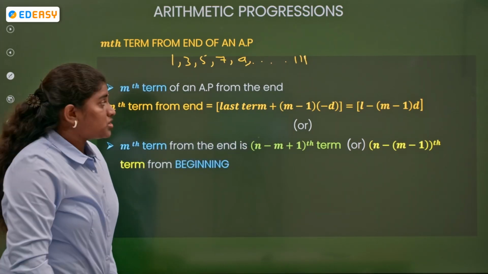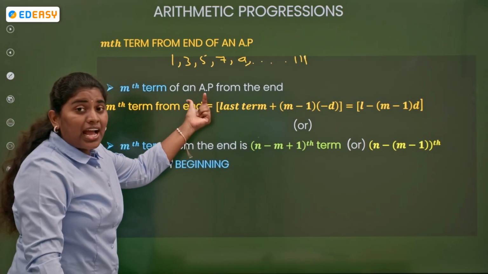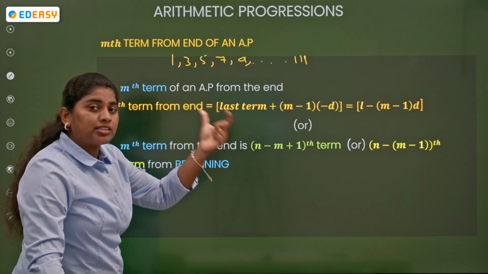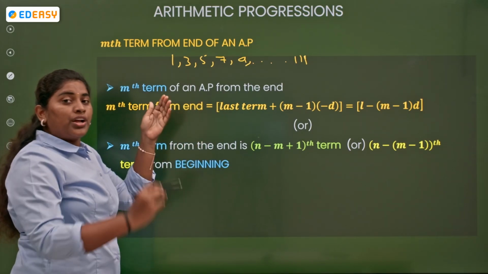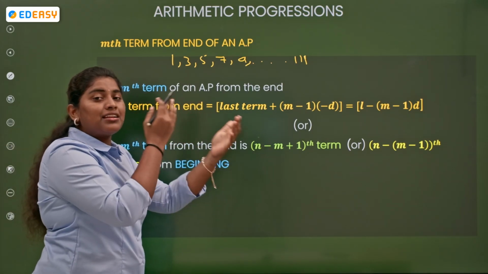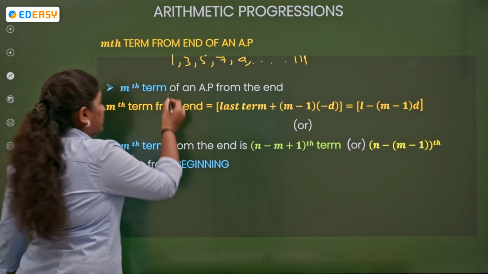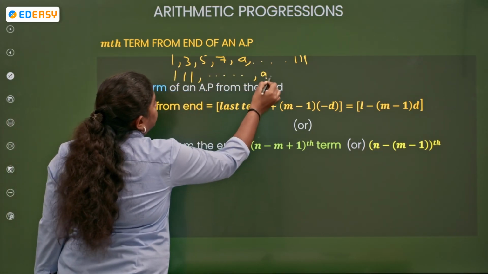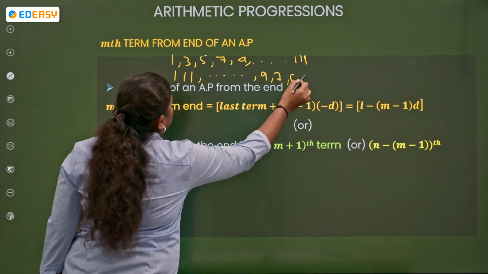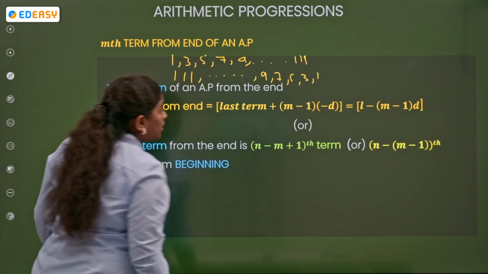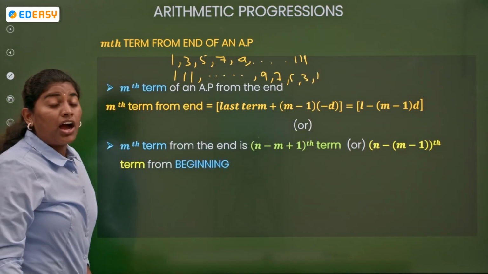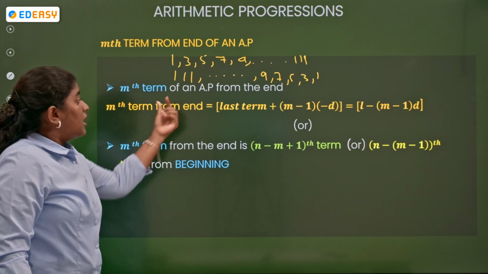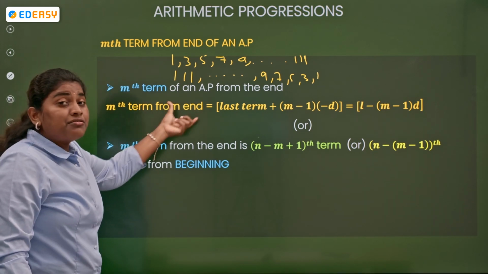Now from the end I need to find my mth term. So what I will do is take the reverse of the AP. Clear? Now, how do we find the mth term from the last?